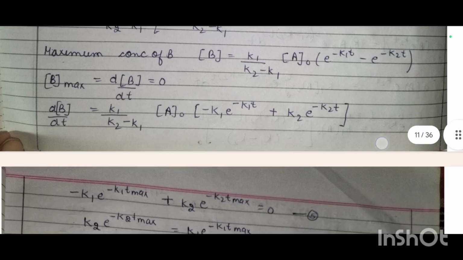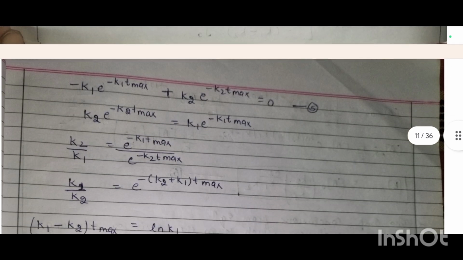So dB/dt = k1/(k2 − k1) A0 (−k1 e^(−k1 t) + k2 e^(−k2 t)), which equals −k1 e^(−k1 t_max) + k2 e^(−k2 t_max) = 0.